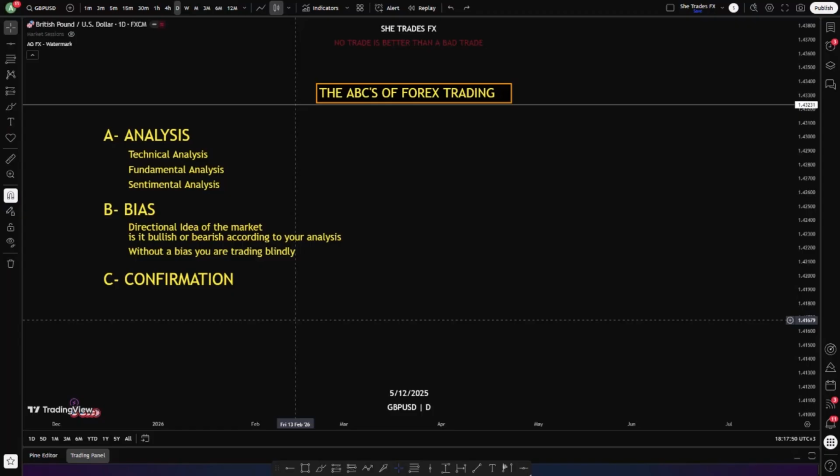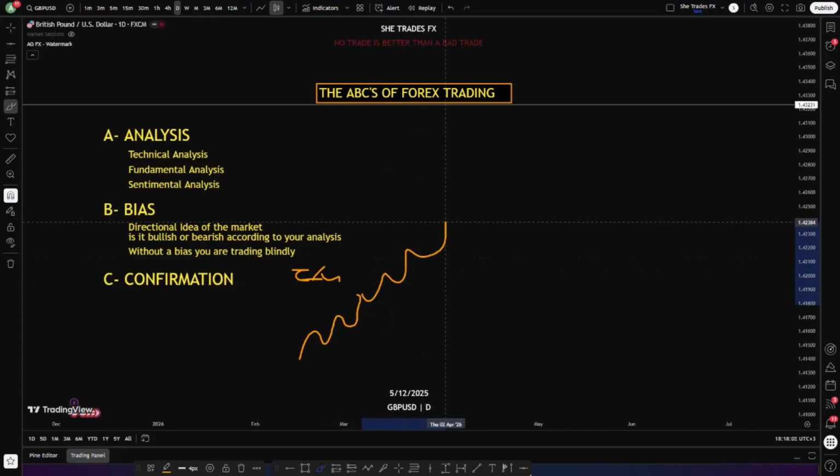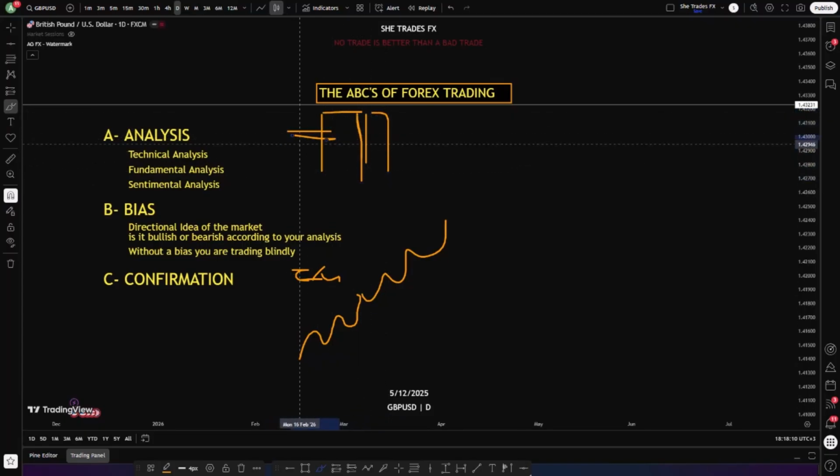Confirmation is basically price confirming to you that, okay, we were moving, let's say Euro USD, for example, was moving in a bullish manner. Then news came in that planes had crashed into the twin towers. Minutes later, another plane comes and crashes again into the twin towers.